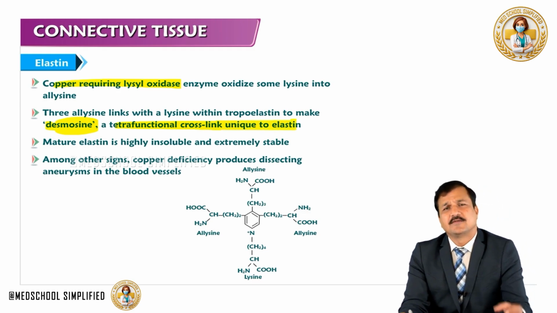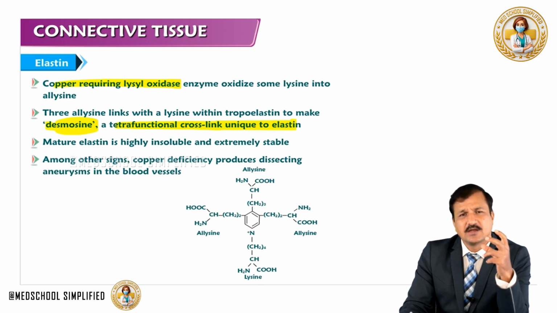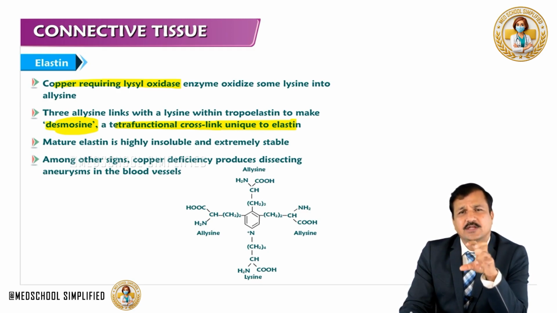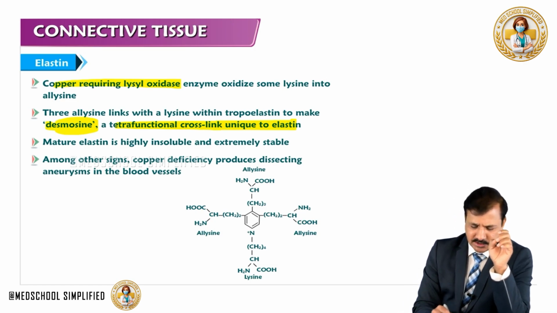That is, 3 allysines link with 1 lysine within the tropoelastin molecule, and that is what is known as a desmosine crosslink, as shown here in the figure.